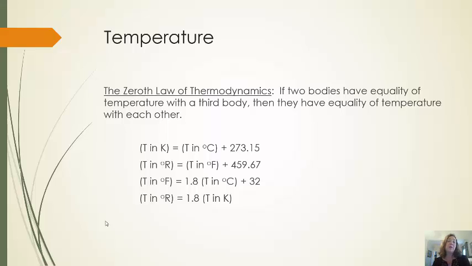For American Engineering or English units, degrees Fahrenheit is our relative temperature scale, and to get to Rankine, the absolute scale, you add 459.67. Both kelvins and Rankines are always positive. Temperature is not defined as negative on an absolute scale. Other conversion formulas are shown below for temperatures from C to Fahrenheit or Kelvin to Rankine.